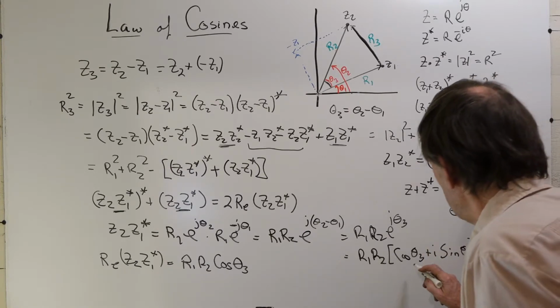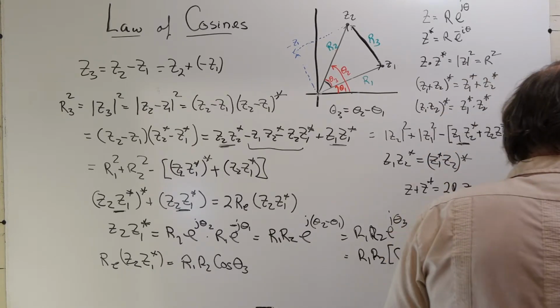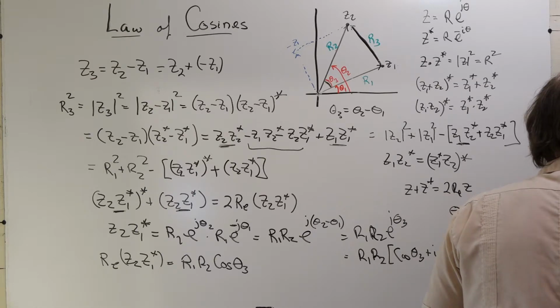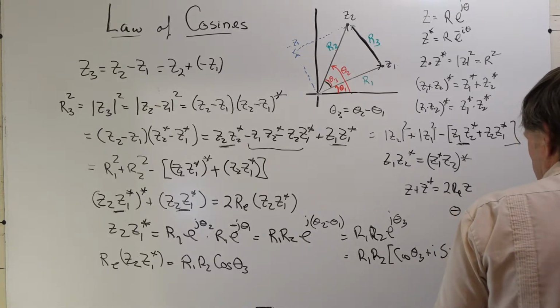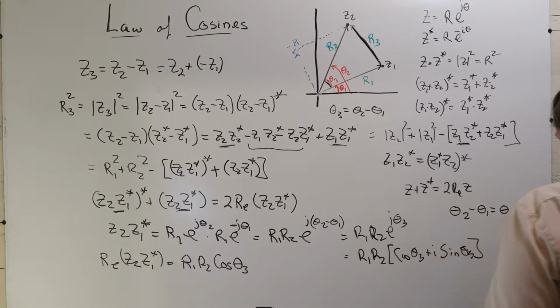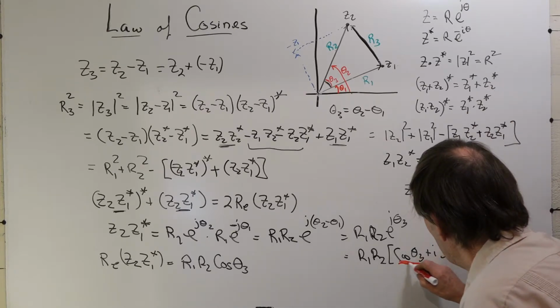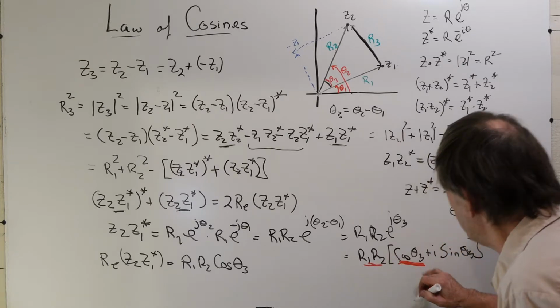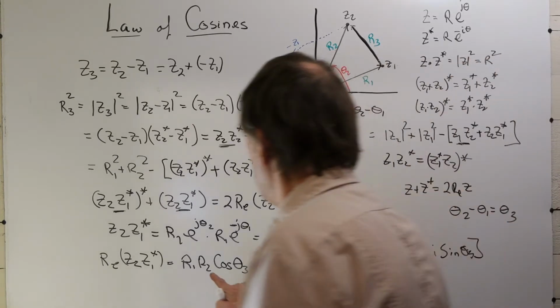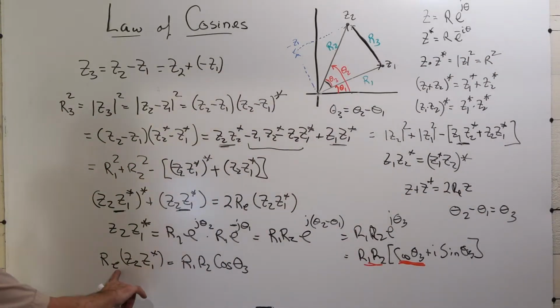The real part is this portion right here. This is the real part, R1 times R2 times cosine theta 3. And that's what we have here, the real part.